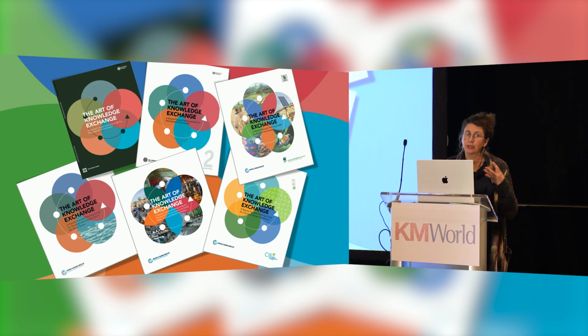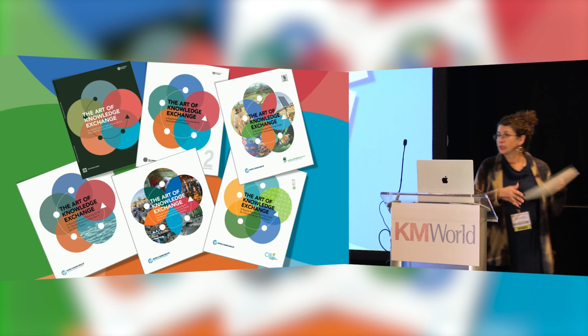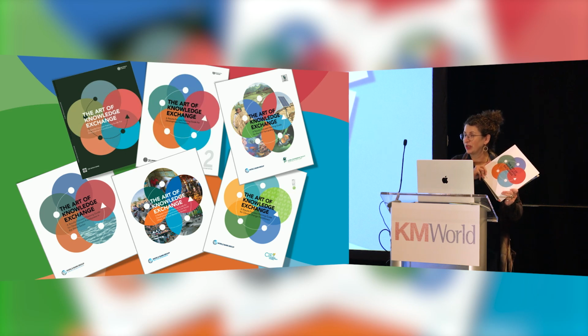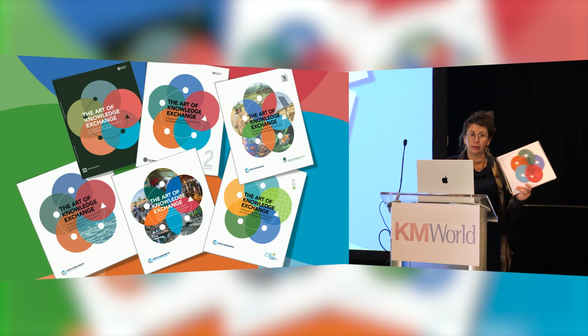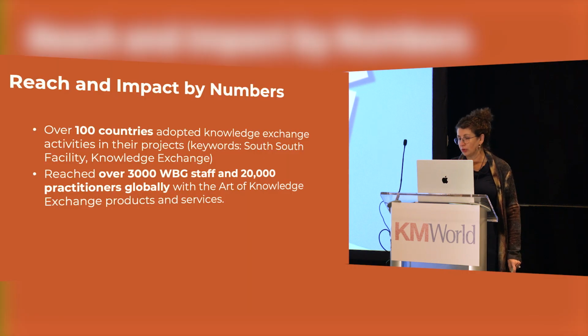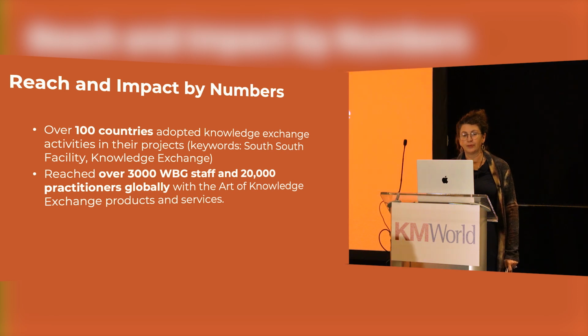We took the guidebook and kept the core methodology the same, but we customized the experiences, the case studies we used and the stories that were told. So this guidebook, the generic one, which is all about the methodology and the toolbox, now became something that could communicate to development practitioners around the world within those areas.